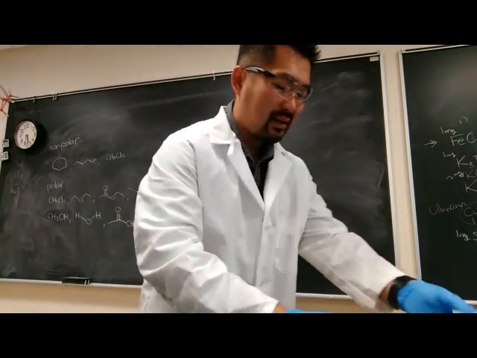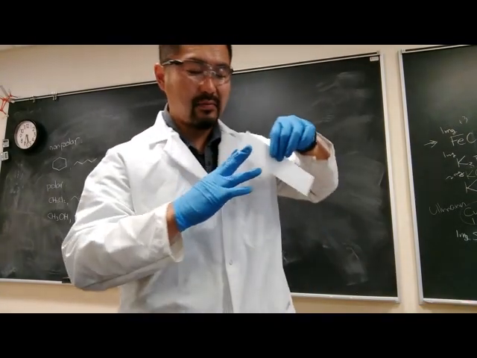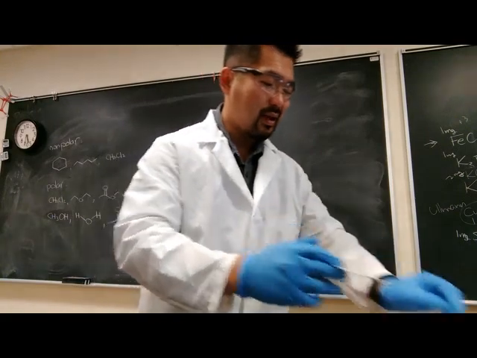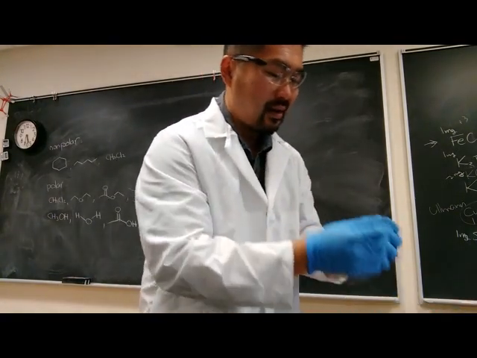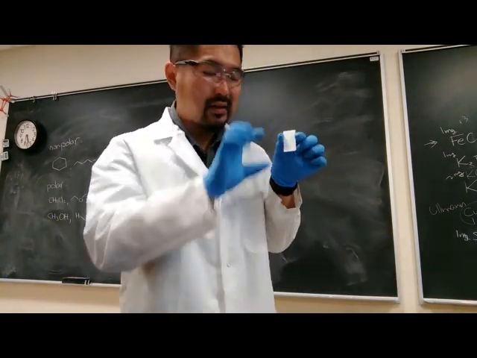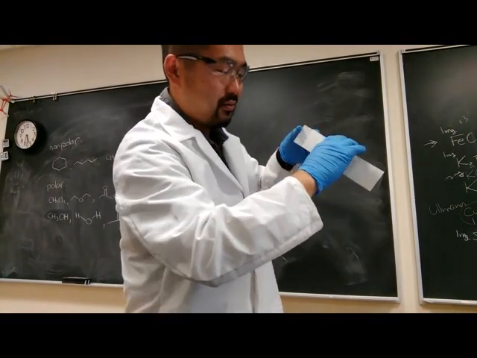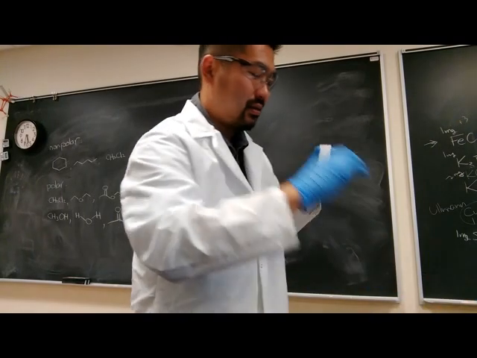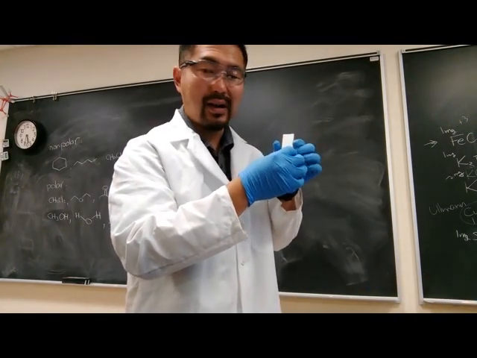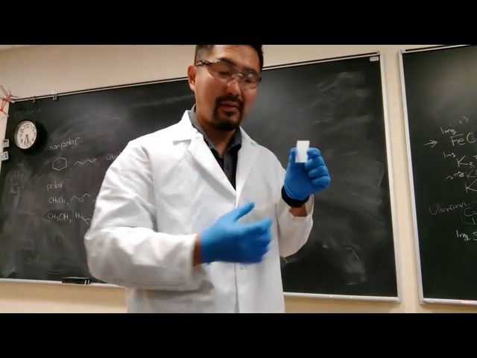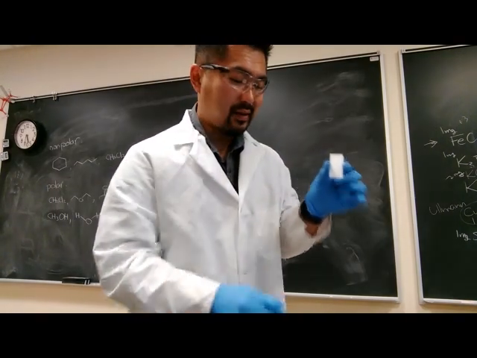What I did here is to take this strip and carefully cut it with a pair of scissors, so that I have a TLC plate that's 5 centimeters high and a few centimeters wide. Okay.